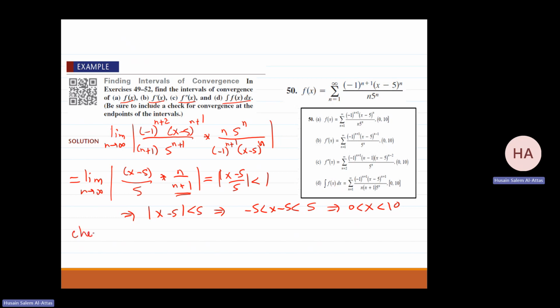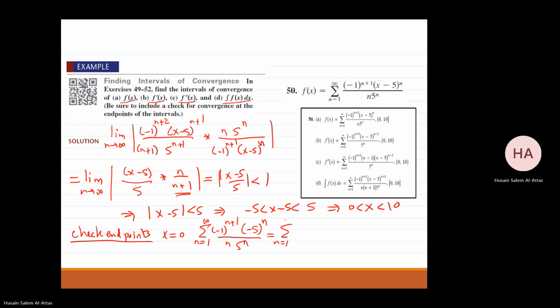So check endpoints. At x equals 0, what will happen? We'll have the summation n equal 1 to infinity of minus 1 to the power n plus 1, minus 5 to the power n, over n times 5 to the power n. This is minus 1 to the power n plus 1 times minus 1 to the power n, 5 to the power n over n 5 to the power n.